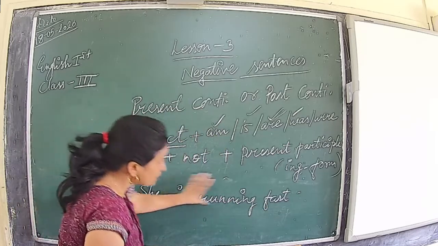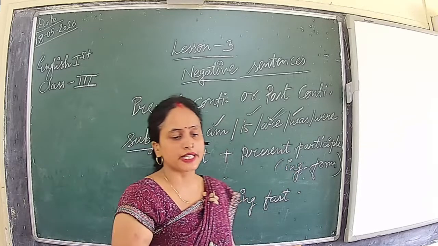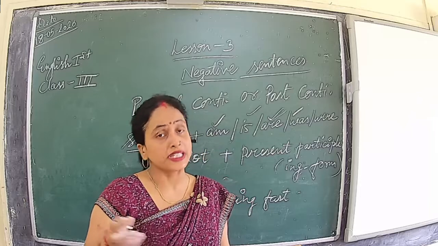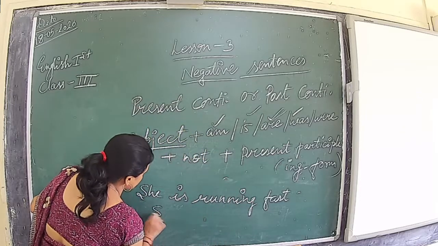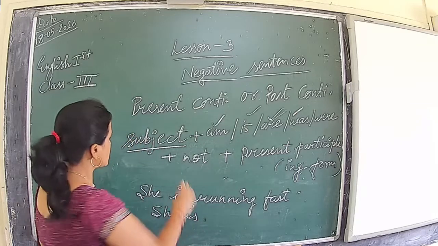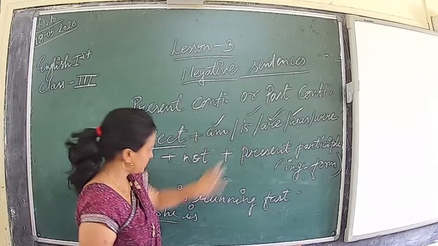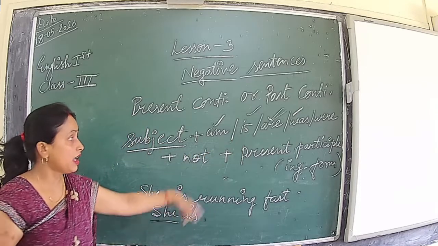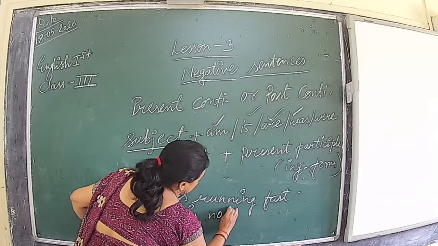When this is the affirmative sentence, the positive sentence, and we have to change it into the negative sense, then it will become: as I told you, the subject is there, she. Helping verb, here we have used is, plus not: she is not.